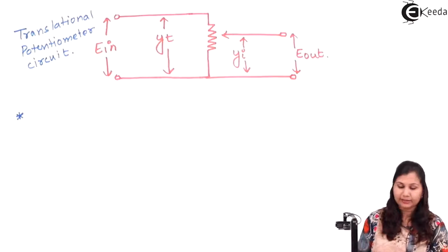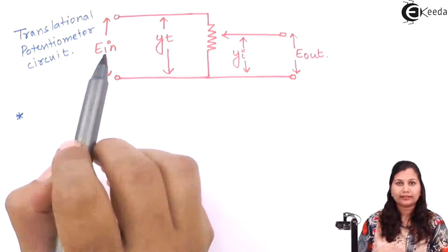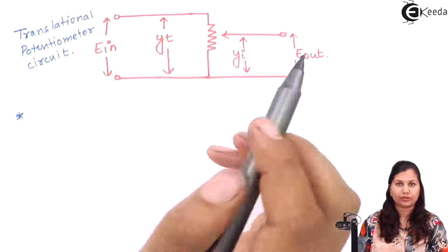Now, under ideal conditions, the ratio of the output voltage and the input voltage will be equal to the displacement ratios. Okay.